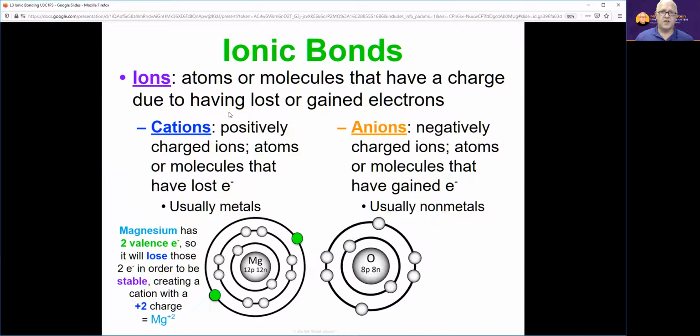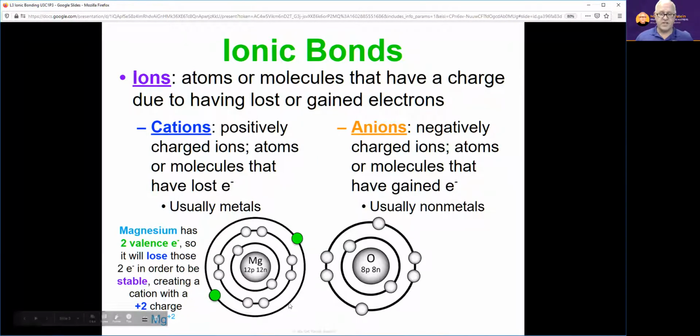Now, on the ionic bonds, we're going to review that again. Remember, the ions are atoms or molecules that have a charge due to having lost or gained electrons. And I like to say not lost, but are capable of giving or receiving electrons.